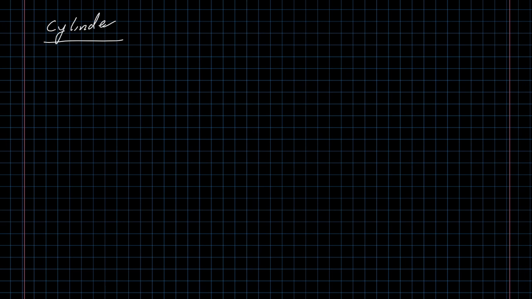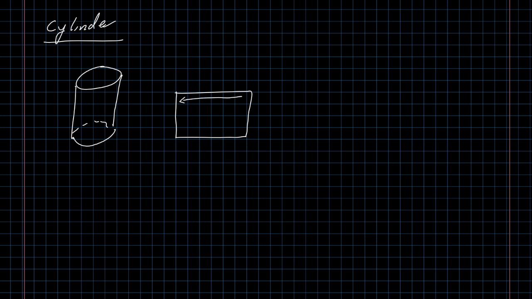A cylinder can be a little bit harder to parse, but if you think about it, a cylinder is formed by just taking a rectangle and rolling it up. Right. Grab a sheet of paper and curl it around itself. You will find that when you curl it up, this dimension becomes the circumference of the circle.